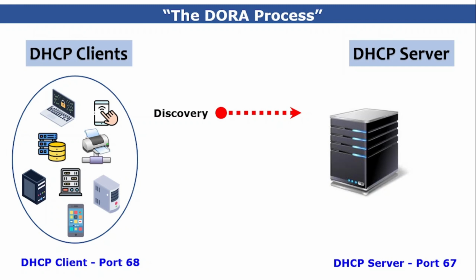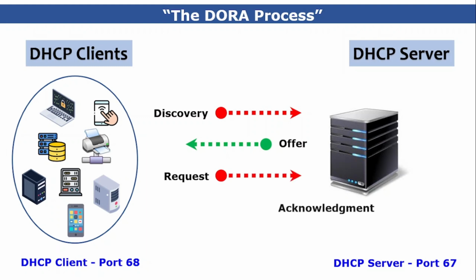There might be 100 other active devices on the network. As this is a broadcast, all the other devices will drop that packet because port number 67 is blocked on them. Whenever we install the DHCP server role on any Windows server, port number 67 will be automatically opened up. And the DHCP server will again offer, the client will request the offered IP configuration and the DHCP server will acknowledge.